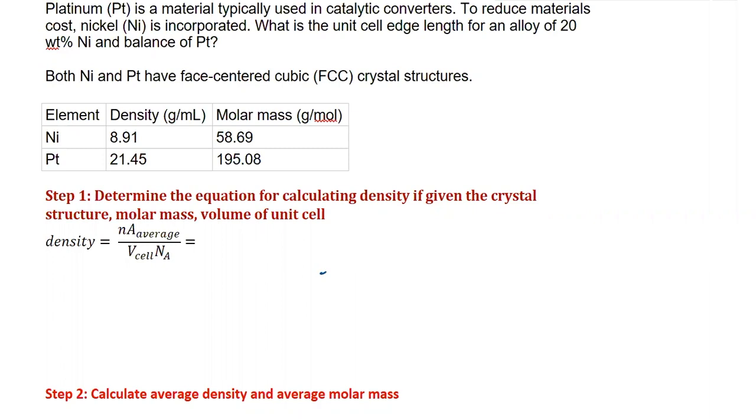So the first step that we need to do is determine the relationship between density, if we're given the crystal structure, molar mass, and volume of the unit cell.